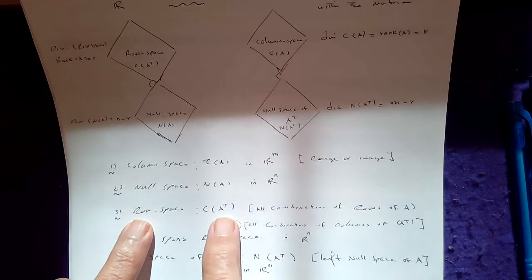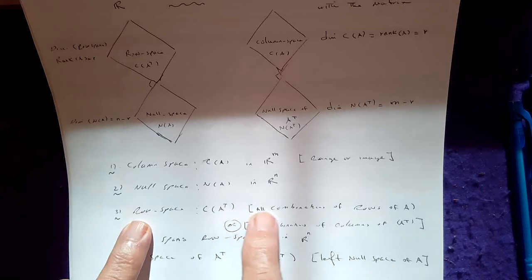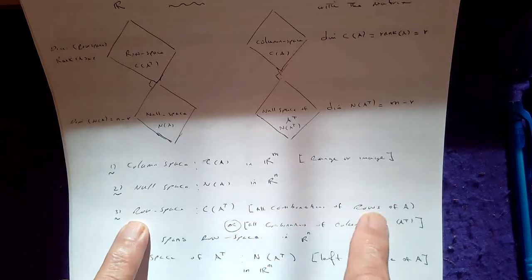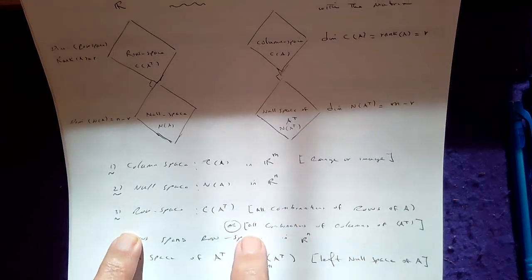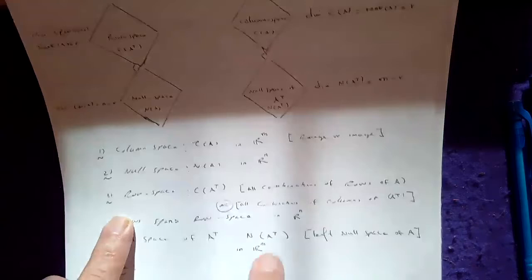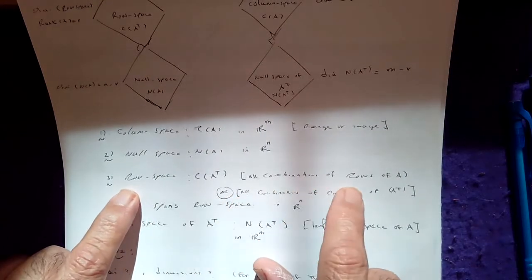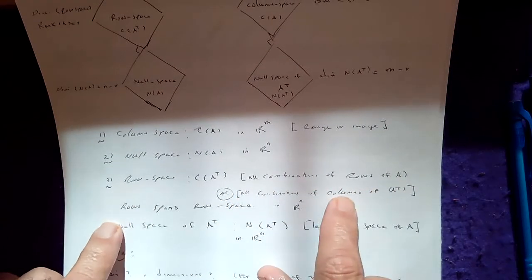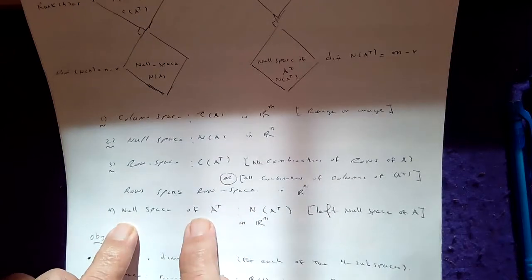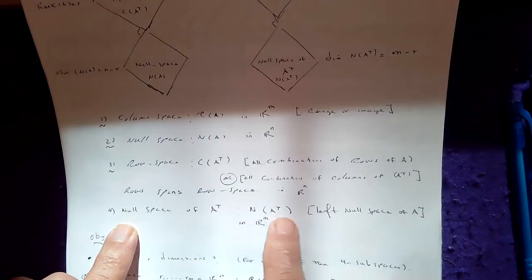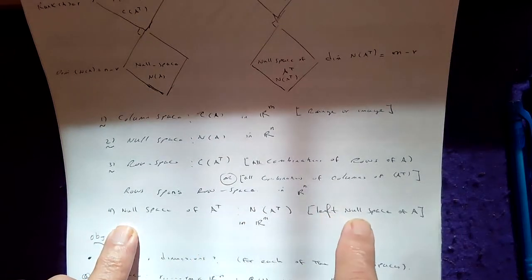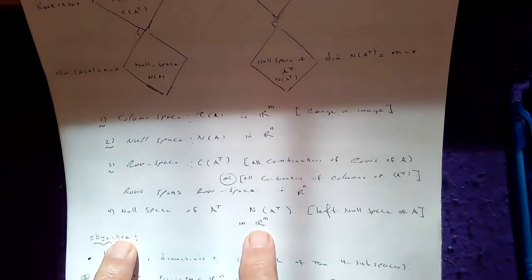Row space is the column space of A transpose, so that means all combinations of rows, or all combinations of the columns of A transpose. It consists of all linear combinations of the rows of matrix A. And the null space of A transpose, also known as the left null space of A, is a subspace of Rm.